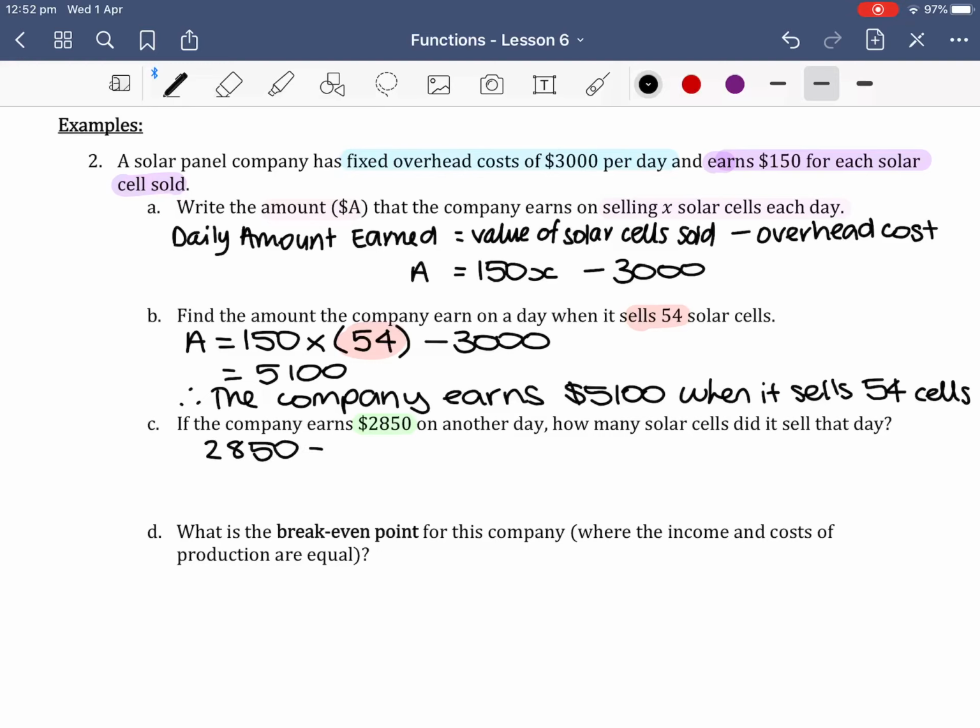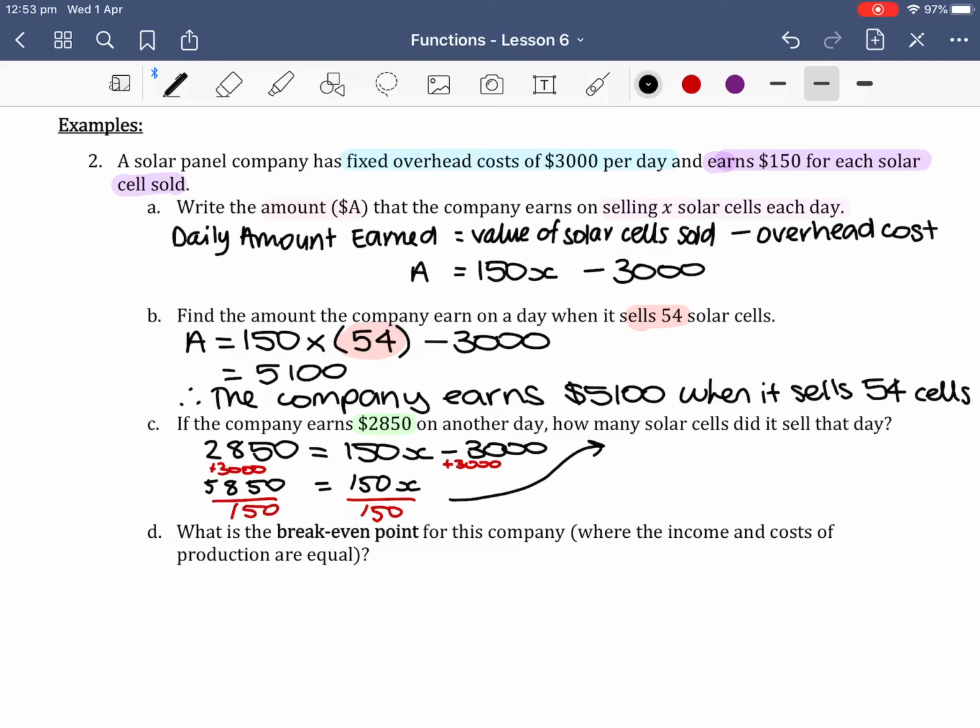So we're going to have 2,850 equals our 150x minus 3,000. So then what we're going to do is we're going to plus 3,000 to both sides. So when we do that, we get 5,850 equals 150x. And then we're going to divide both sides by 150.